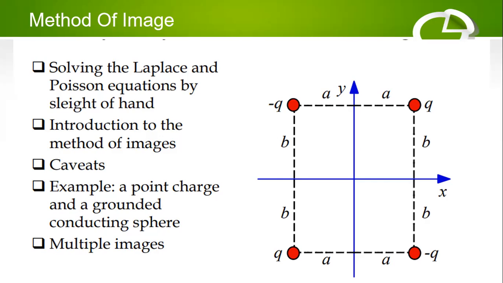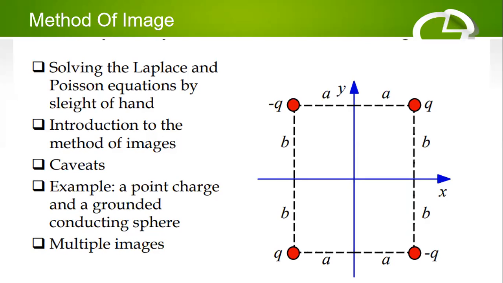So the method we use to solve these types of problem is the method of image. Basically, the method of image is the formulation or the recipe to solve the Laplace and Poisson equation.